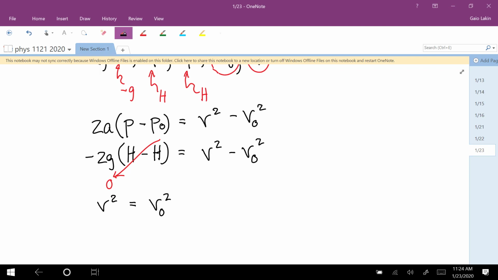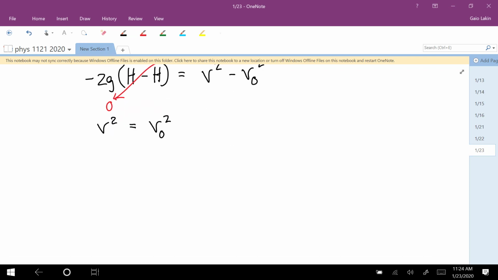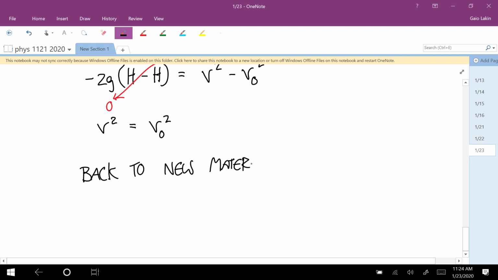All right. So the next thing we need to talk about is relative motion. So we'll go back to new material. And this is relative motion.